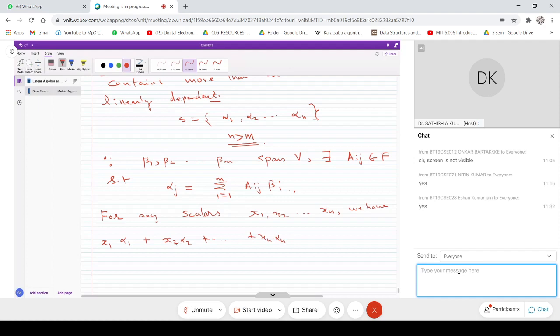What I want to show is that this set alpha 1 to alpha n is a linearly dependent set. For that I first consider the linear combination, and then I have to prove, using the concepts here, that the x's are not all 0.